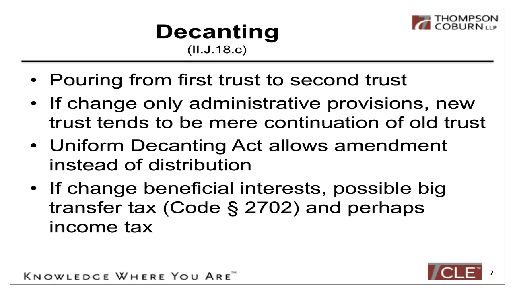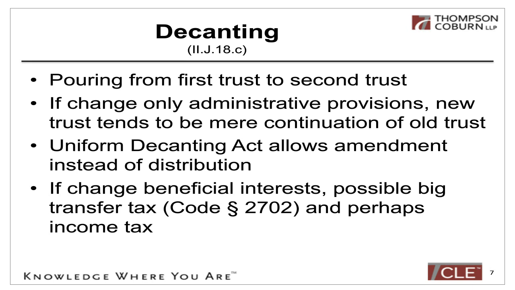Now, if you decant only part of the trust over to a new trust, then we would just look to see what part of that trust was a beneficiary's beneficial interest. Maybe if you decanted a third of the trust over to the new trust, then maybe that was a gift of a third of the beneficiary's beneficial interest. There's really no law on this that gives us concrete examples. But I'm very, very concerned about changing the beneficial interest.